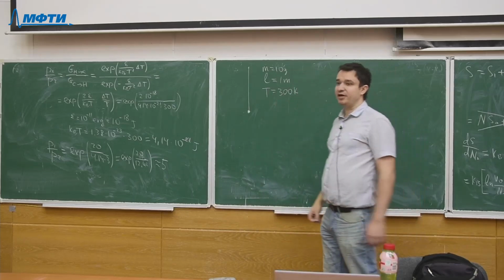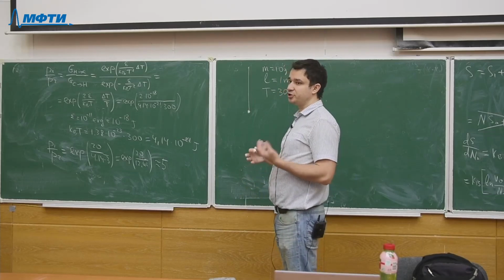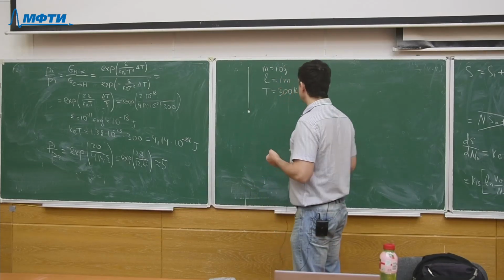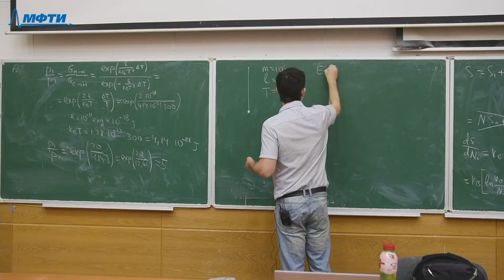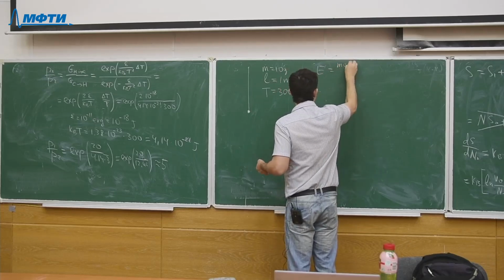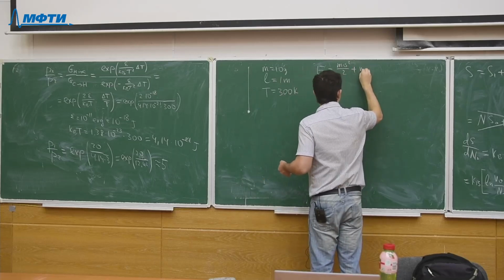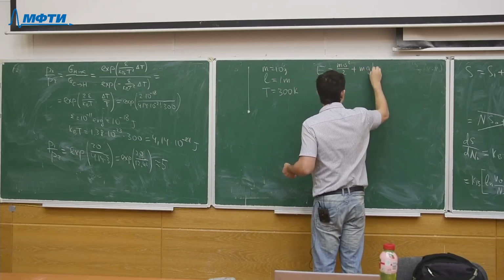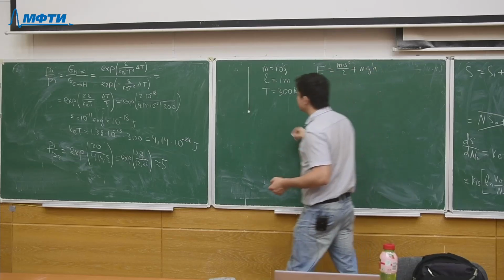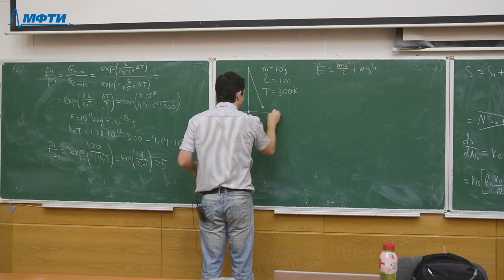Well, here we have a mechanical system. If we consider the motion of this system as a whole, then the energy of this motion would be equal to mv squared over 2 plus mgh, where h is the elevation of the pendulum.